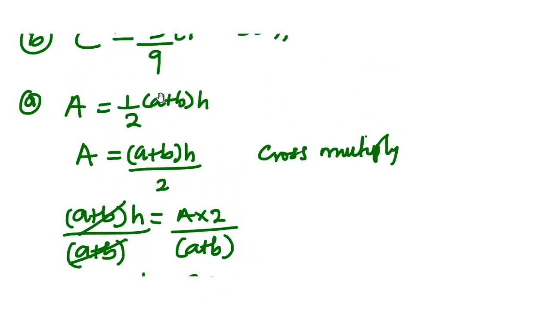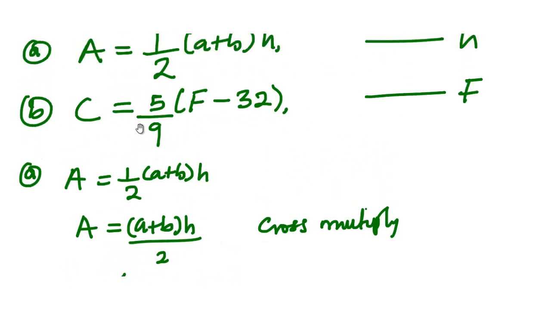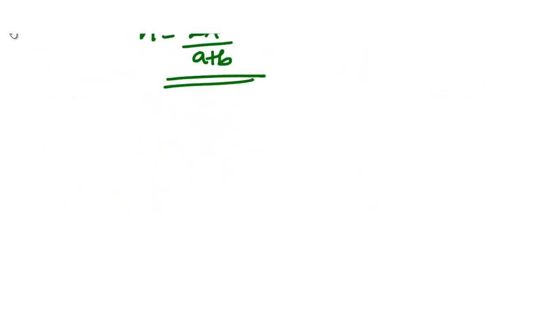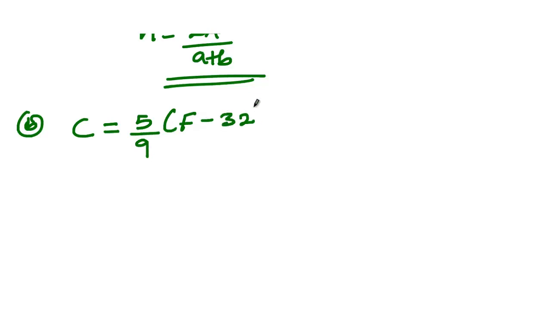So for the second question, we have C is equal to what? 5 over 9 into bracket f minus 32. So for b, we have C is equal to 5 over 9, right, into bracket f minus 32. So in this case, we are solving for F. So the best way to solve for F is to decompose this bracket. But the first thing is, let's rewrite this.